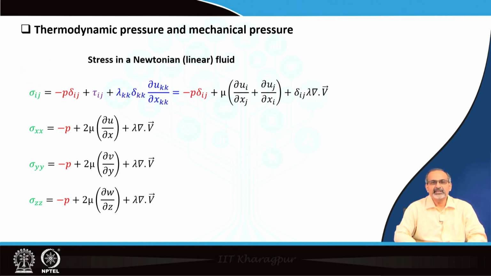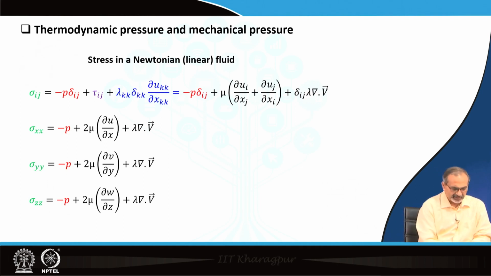You may recall that in the last lecture we were talking about stress in a Newtonian fluid, and we said that there is a linear relation between the stress and the strain rate. We had assigned an index n, and when that index n has a value of 1, then we have a linear connection between the stress and the strain rate. So, we are revisiting that equation once more.